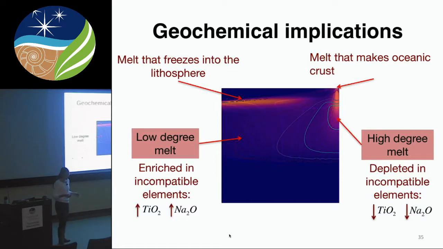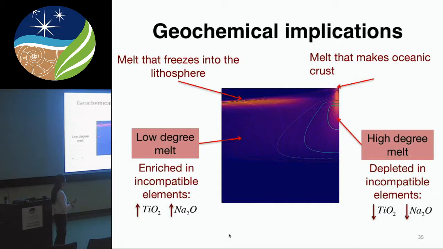And the geochemical implications are that if you have a high degree of melt in the center, which you expect because of high upwelling rates, you get depleted in incompatible elements like titanium oxide. If most of that is coming out to make the oceanic crust, that's the signature you expect.